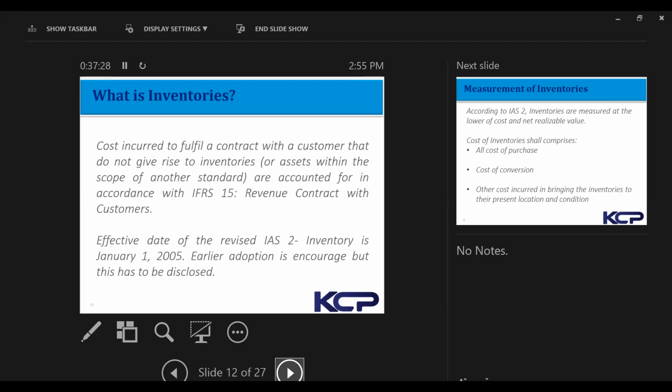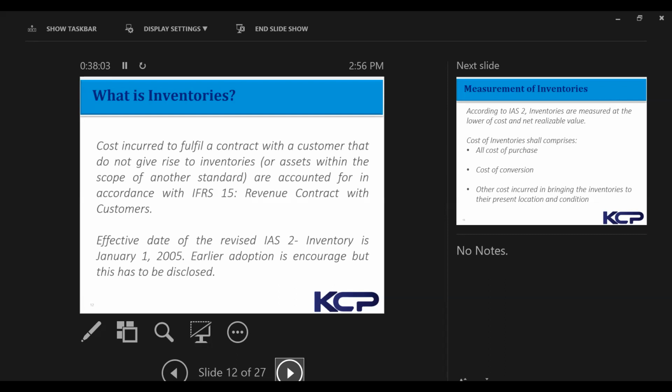So of course, when I want to render service to my client, depending on what sort of service I'm rendering, there are bound to be certain costs. Some of those costs are portions of that inventory that we used up in rendering the service to them. So this standard is saying that which you then take off from IAS 2: since it becomes like my input cost to earning that revenue, it ceases to be an inventory.